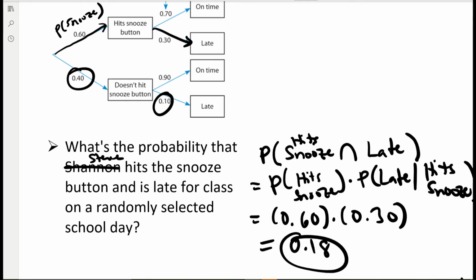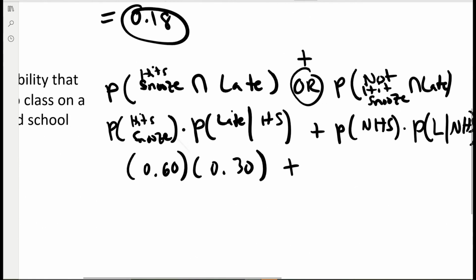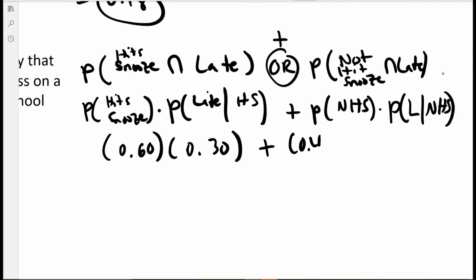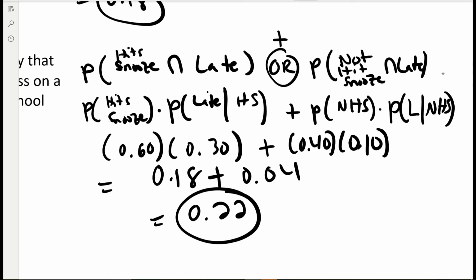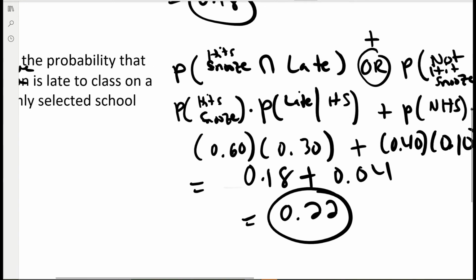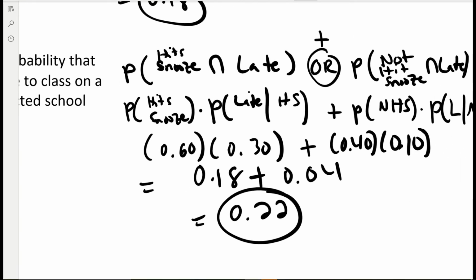So we're going to be using those two probabilities, and we will times those together. So we got 0.40 times 0.10. And then we get our answer. So we get 0.18 plus 0.04, which is 0.22. So he has roughly a 22% chance that he's late to class on a randomly selected school day.